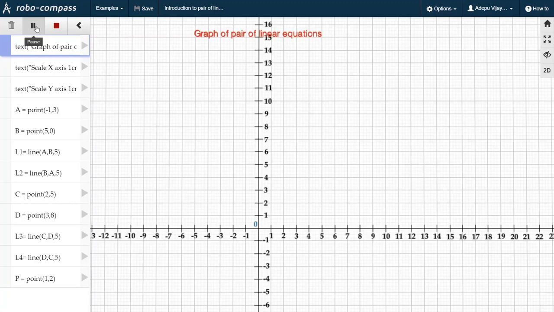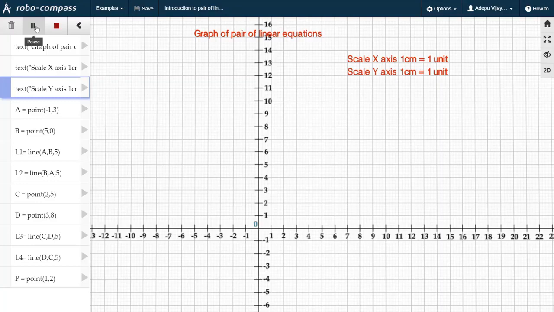You can see the graph. You have the x-axis, you have y-axis. I am taking a scale of 1 centimeter equal to 1 unit on x-axis as well as on y-axis.